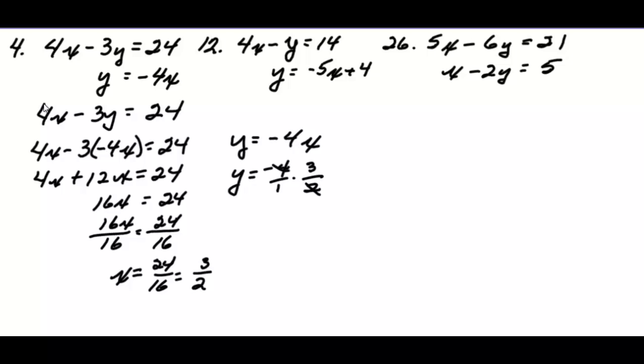These cancel. This becomes negative 2, and y equals negative 6. So there you have your two solutions for number 4, and they are x, which is 3 over 2, and y, which is negative 6. And what they're expecting is that's the way you're going to write your answer, in that format.